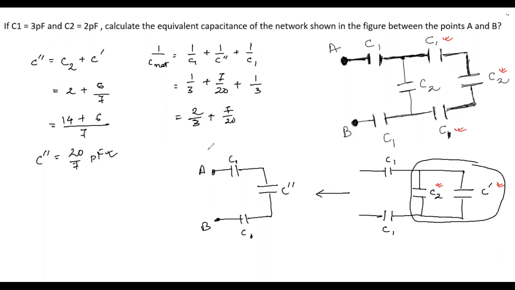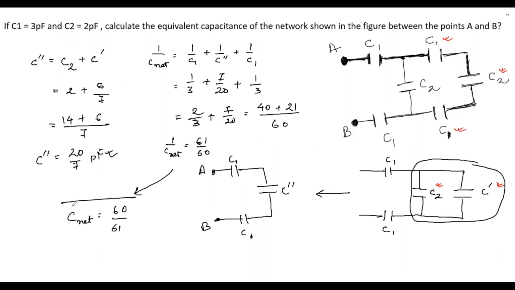If you do the calculation, it's around 60, and here 21, and here you'll find 40. So 1 by C net is 40 plus 21, so it is going to be 61 by 60, right? And if you reciprocate it, you will get C net, which is 60 by 61.